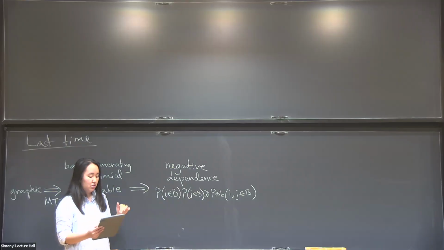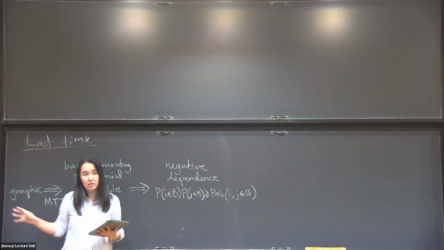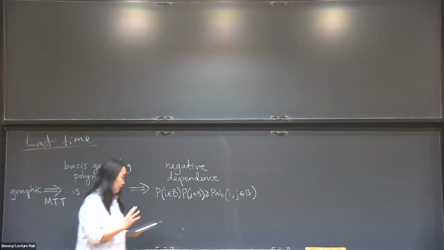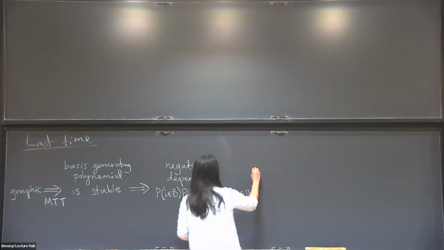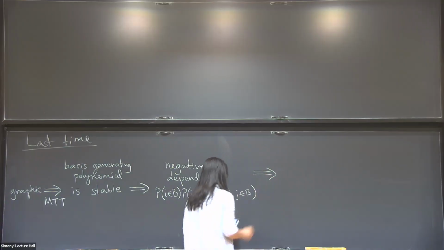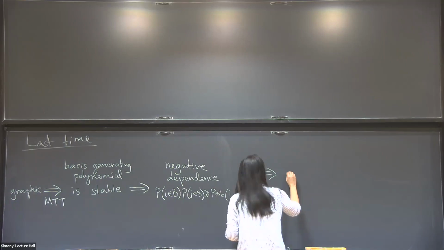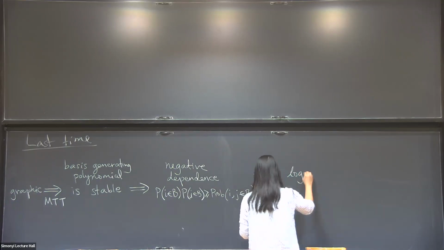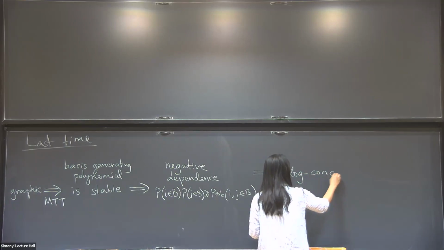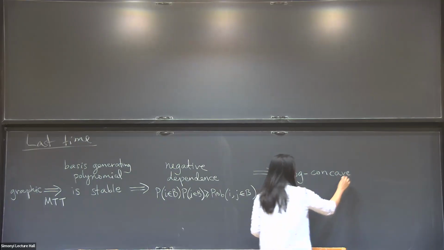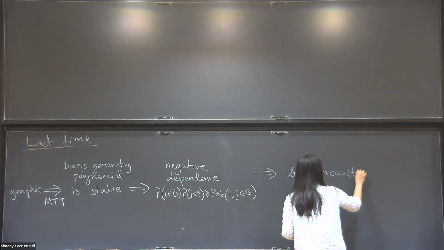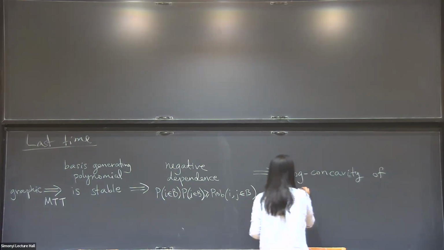So today I will show you just one specific consequence in terms of these log-concave sequences, why negative dependence implies log-concavity. This is sort of a motivation. We'll see something stronger later on, but we'll see negative dependence implies log-concavity of the number of independent sets.